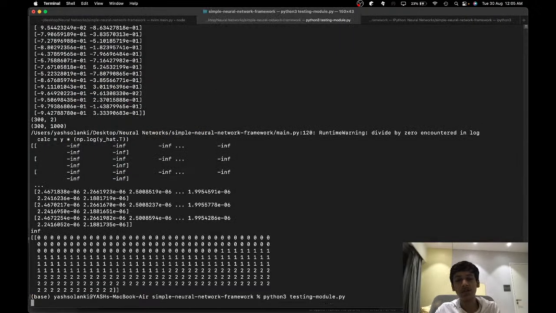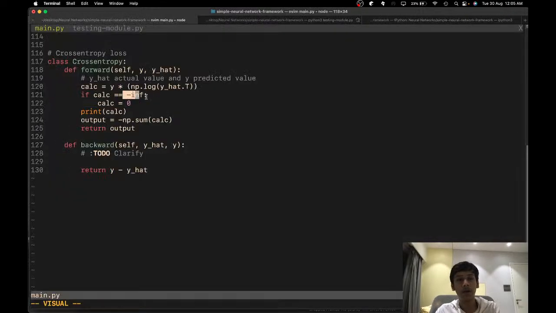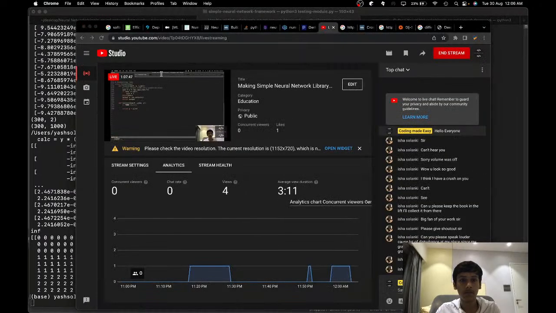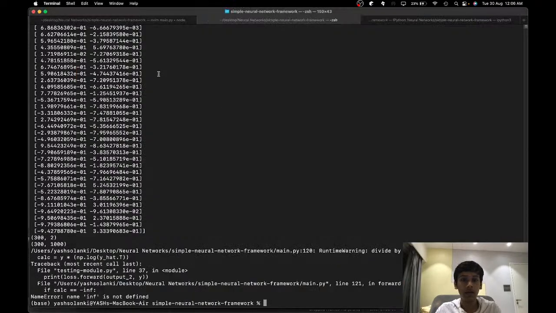I know that's not right, but is negative infinity even a word? Do I have to do something like math dot negative infinity? Because I've got to deal with those zeros.